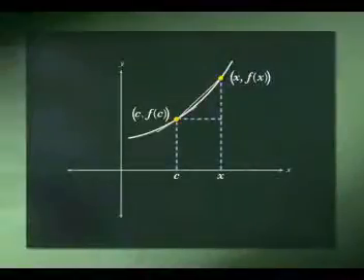Here's a picture of what I just talked about. Notice that we have the point (c, f of c), and we want the slope at that point. The neighboring point is (x, f of x), and then we form the difference quotient, change in y's over change in x's, and that gave us our definition.